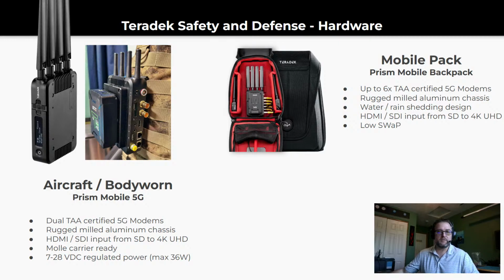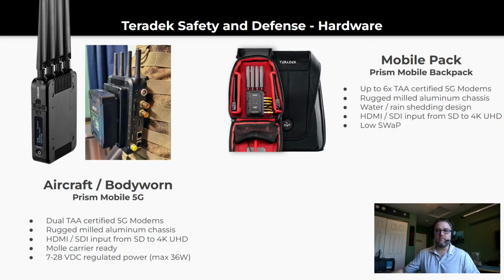For the body-worn system, we have small batteries that we can tie these together with one of our other partners, Anton Bauer, and deliver a full package to the end user with data as well as power situation. To add to that, if you need extended coverage, we offer a mobile pack that adds another 5 5G modems to this as well.